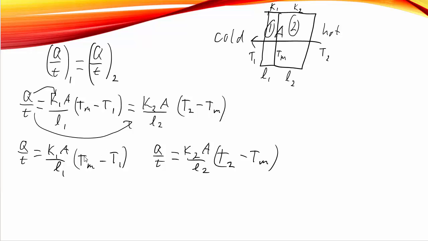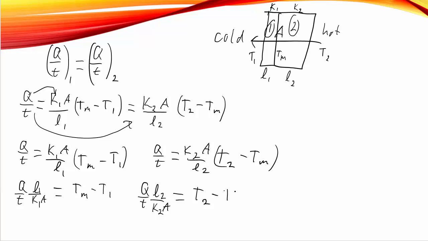Next thing we're going to do is divide the KA over L thing to the other side. So we're going to end up with Q over T times L1 over K1A equals Tm minus T1. And then we're going to have Q over T times L2 over K2A equals T2 minus Tm. And then the next thing we're going to do is we're going to add these two equations together.